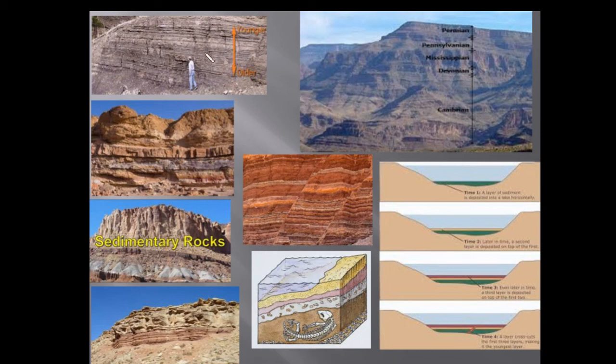These sedimentary rocks show layers: first layer, second layer, third and so on up to the highest layer. See here in this figure, the rock formed in the Cambrian period, Devonian period, Mississippian period, Pennsylvanian period, and the highest strata, that is the Permian period.